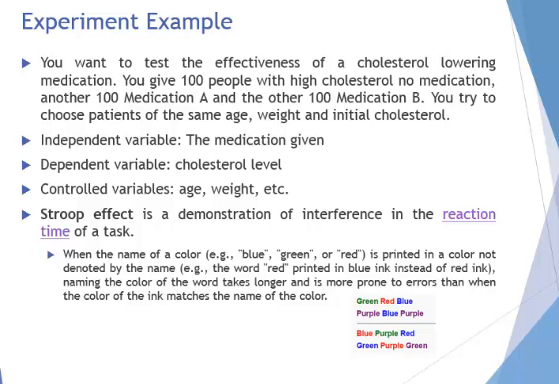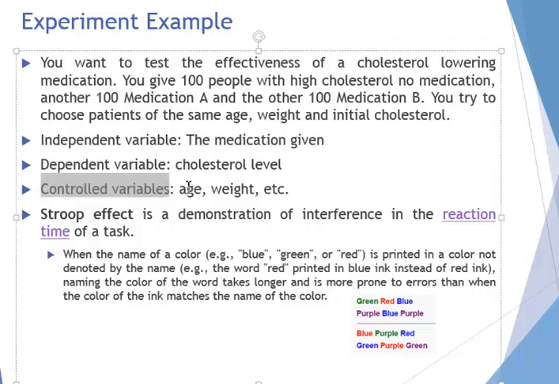If the medication A group works and the medication B group doesn't, or you have the control on one level and medication B and medication A is higher, you may conclude medication A works and medication B doesn't. If A and B both do better than the control group, you might conclude that they both work. If medication A does wonderfully and medication B does okay and the control group does terribly, well, then you may conclude that medication B does something, but medication A is even better.